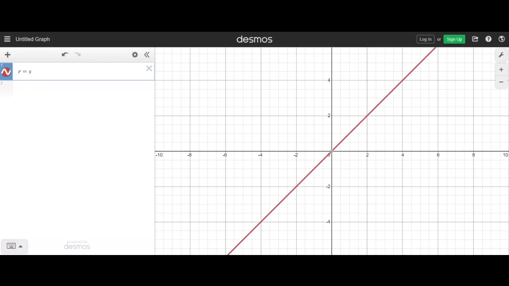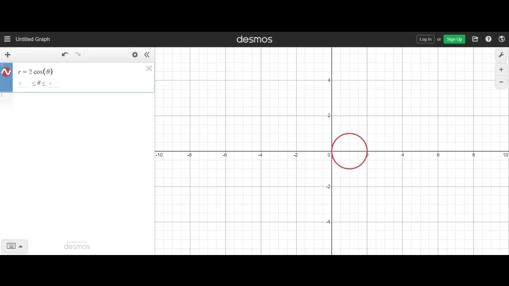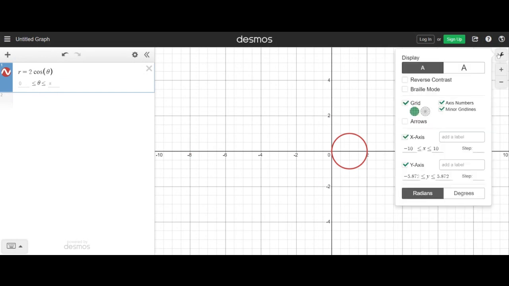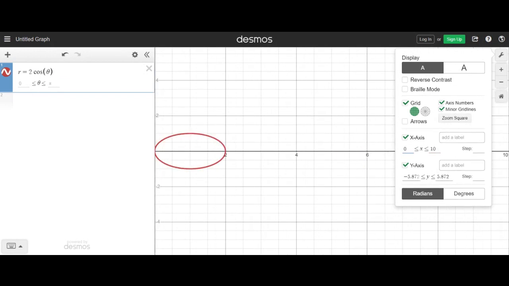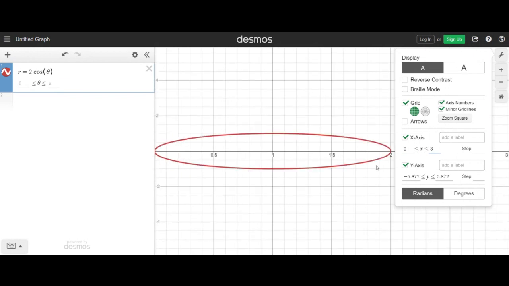Type in r equals 2 times the cosine of theta, and there is your graph. Theta goes from 0 to 2 pi, or 0 to pi. In other words, to complete this polar graph, you don't need to go out to 2 pi. You can go out to pi. And naturally, we can adjust our axes a little.